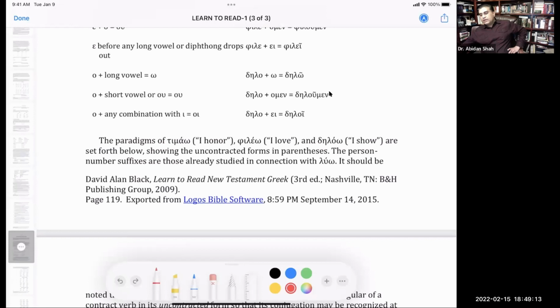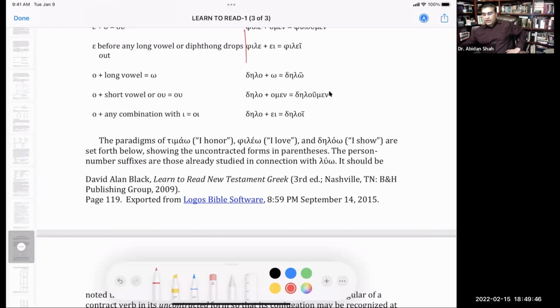Philet plus alpha becomes, sorry, this is the thing that kind of messes things up here. Epsilon before any long vowel or diphthong drops out. So there should be a break here. So philet plus alpha equals philet.